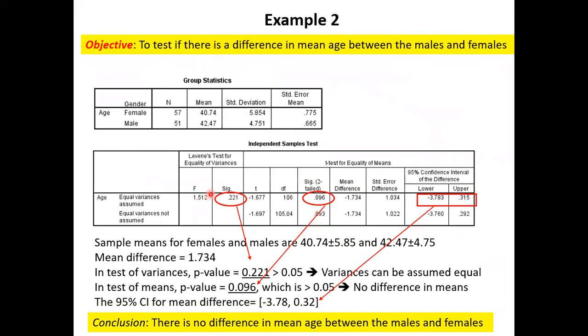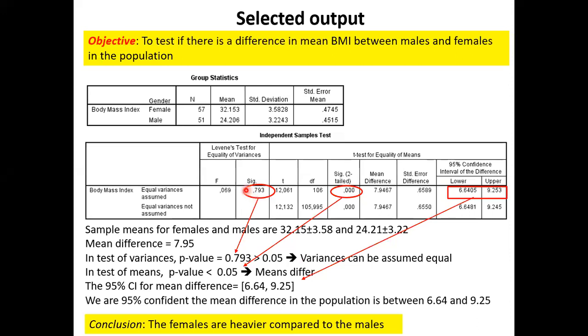Sorry. The first row, this is the parametric test. So equal variance assumed. So take this p-value under this test. This p-value is less than 0.001, obviously less than 0.05. So I conclude the means are different.